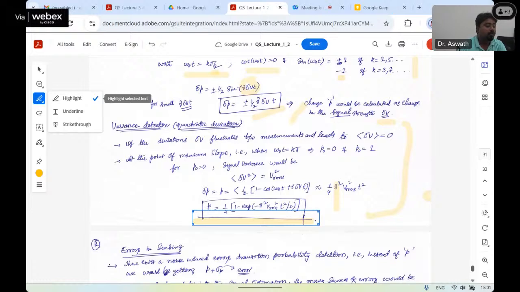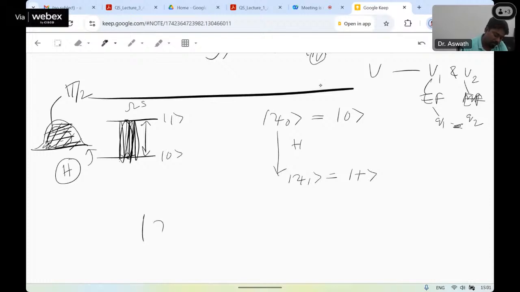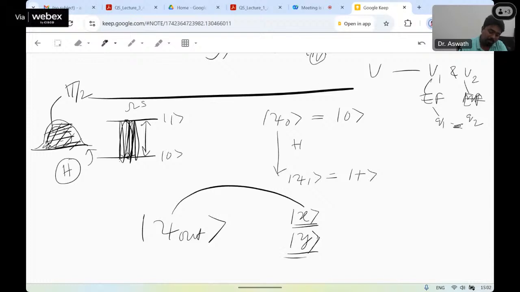When you are working with quantum states, basically there is a final output state. It is actually having some superposition, some superposition of x and y. So how do I know how much x is there, how much y is there? I have to put that under measurement.